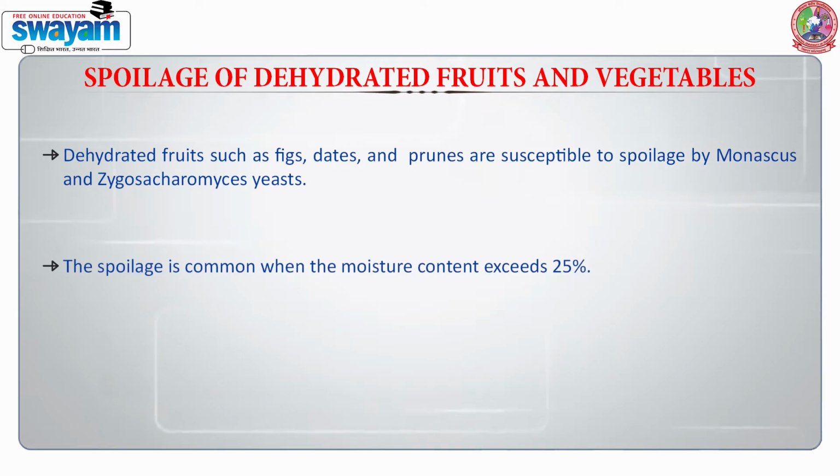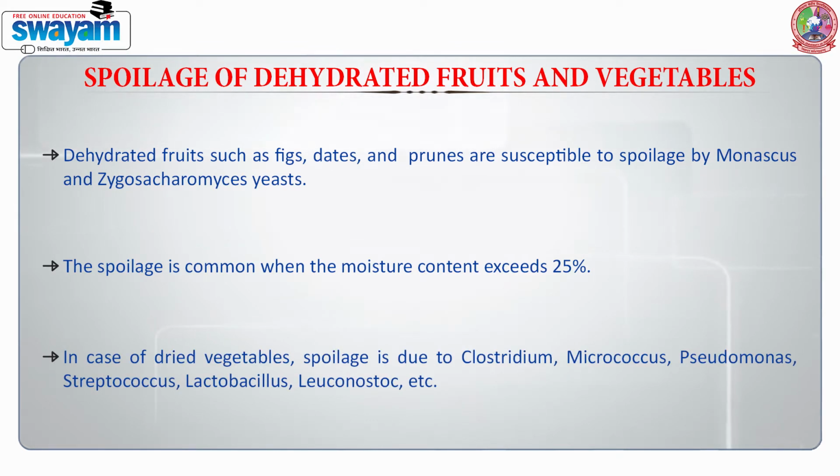This spoilage is common when the moisture content exceeds 25%. In case of dried vegetables, the spoilage is attributed to the action of Clostridium, Micrococcus, Pseudomonas, Streptococcus, Lactobacillus, Leuconostoc, etc.